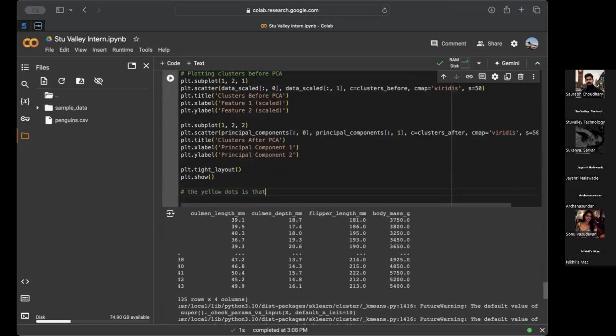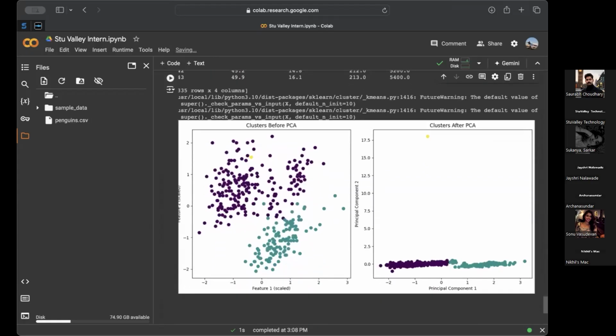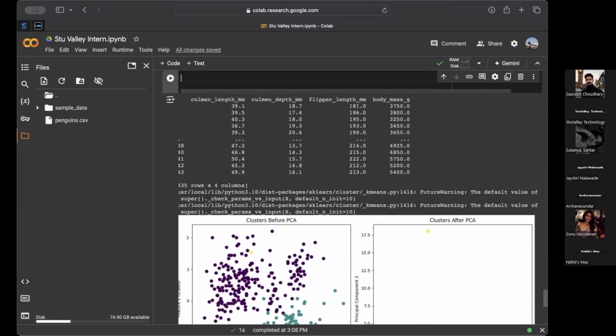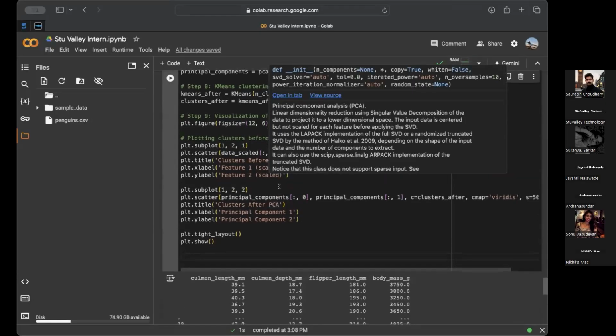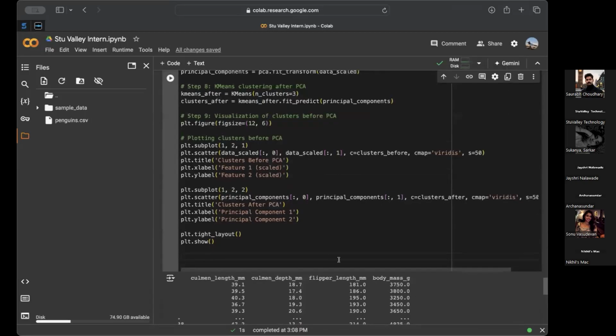In KMeans it's always centroid. Okay. Your first plot is for data scaled, clustered before PCA, and then principal components. After that, it's principal component.